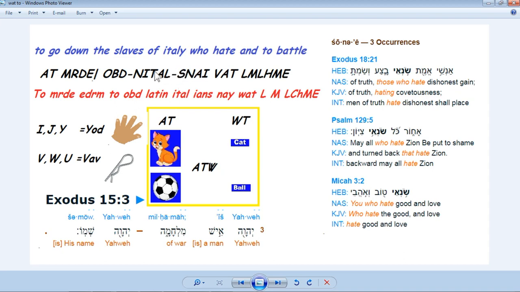Not. The Italians, not what bind from alchemy. To murder the dream, to see bid, the Latin Italians, not what bind from alchemy. And the dream has been murdered because they see not what binds from alchemy.